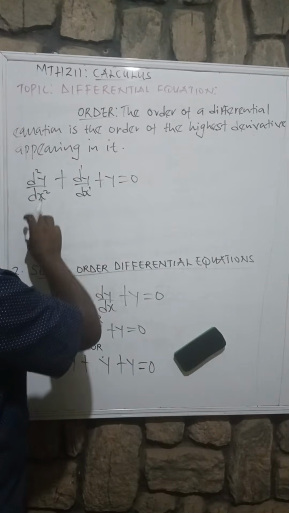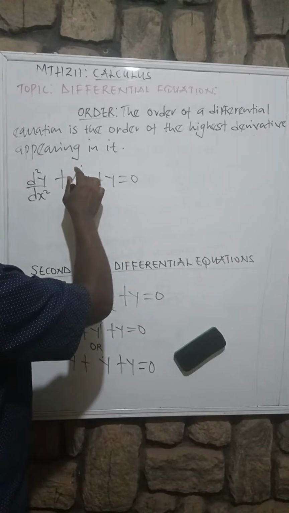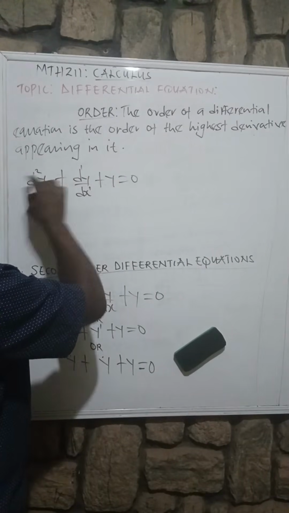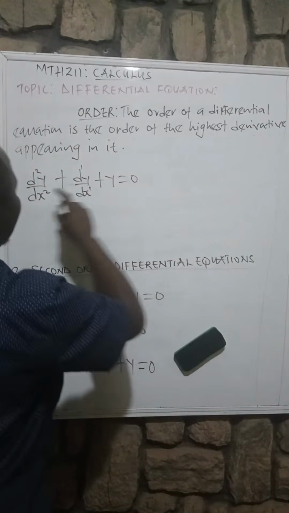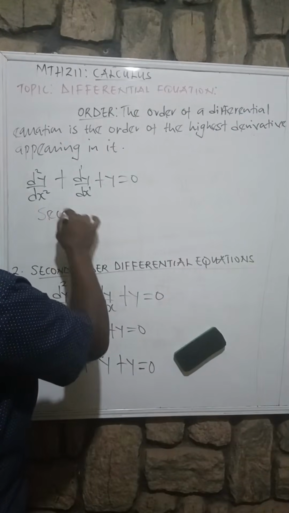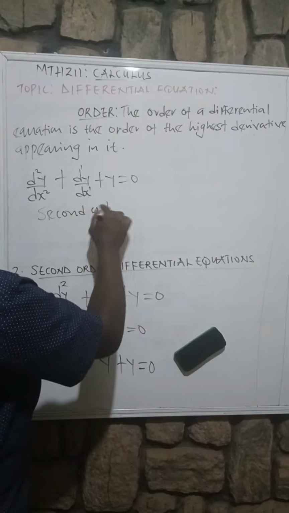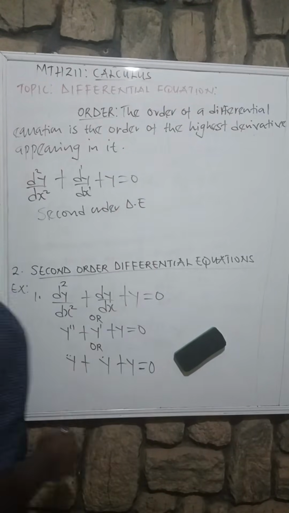So what is the highest order? You know that 2 is greater than 1. 1 is less than 2. True or false? So this is what we call a second order DE. Is that clear?